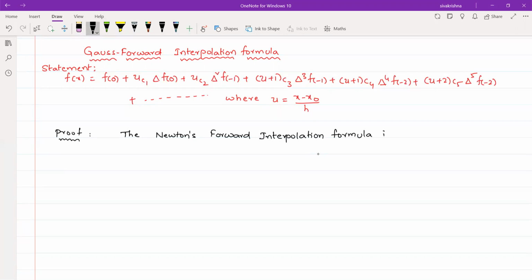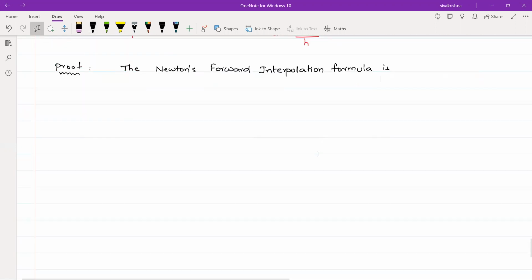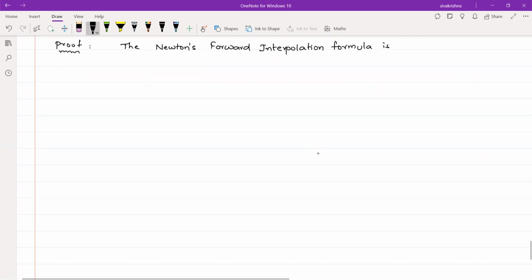So once again, I am going to write the statement of Newton's forward interpolation formula.